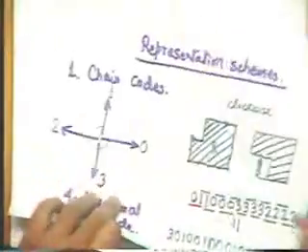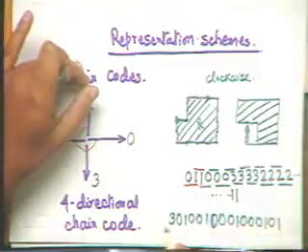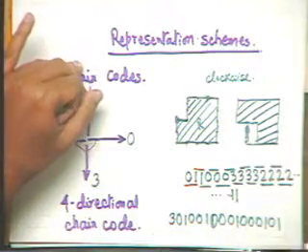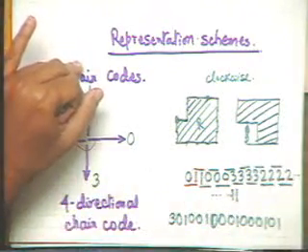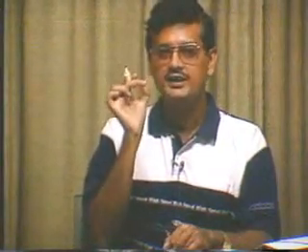Now if you make this code, and if you normalize this first directional change code further by giving shifts, you choose the starting point as the one that gives the minimum integer. Then the chain code which you get, what is it becoming?